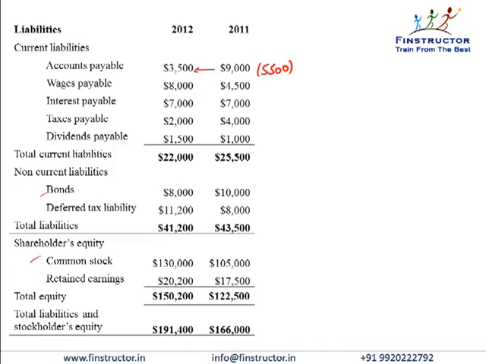So what this implies is that not only did I pay this year's dues, I also repaid my earlier outstandings or earlier payables to the extent of an additional $5,500. That is, the total cash paid to suppliers has to be increased by $5,500, by which my payables have come down in this year.